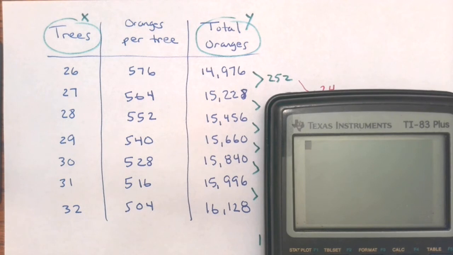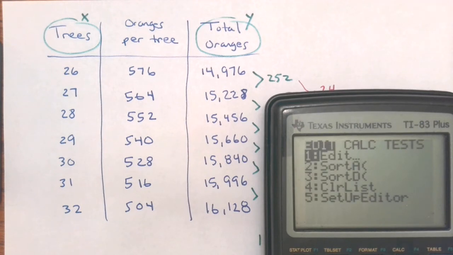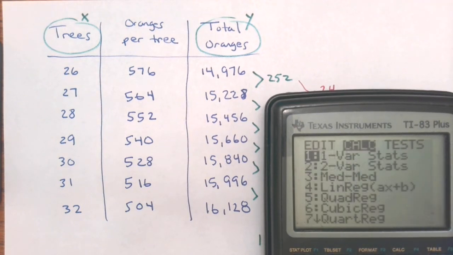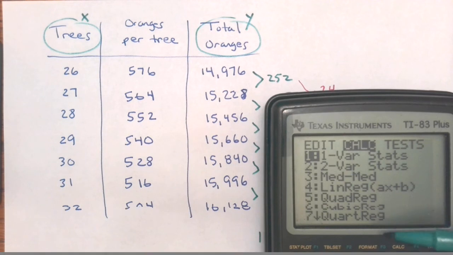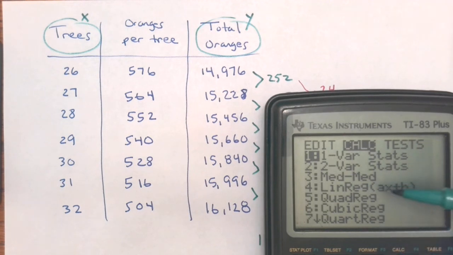And then to have the calculator calculate this quadratic equation for us, we want to hit the Stat button once again. This time go over to the Calc menu in the middle and scroll down until you find the type of line that you want. So you could do linear, you could do quadratic, you could do cubic, there's a bunch there. We want a quadratic equation for this. You hit Enter.